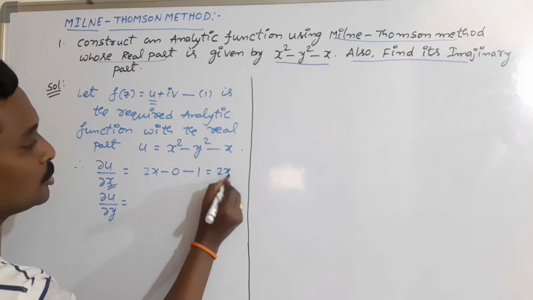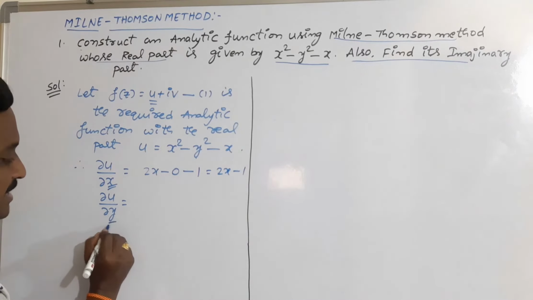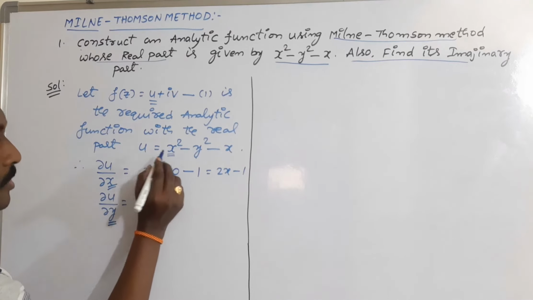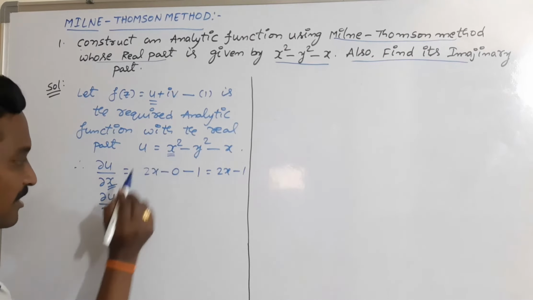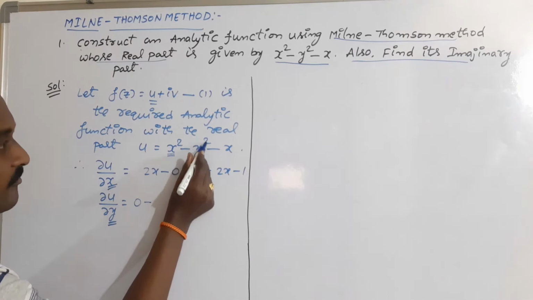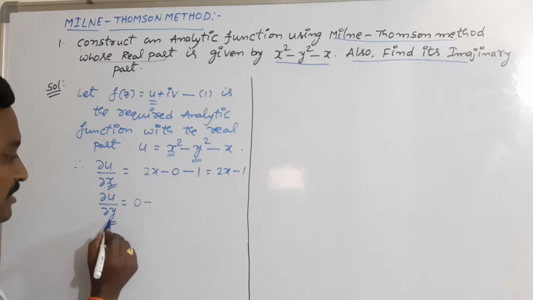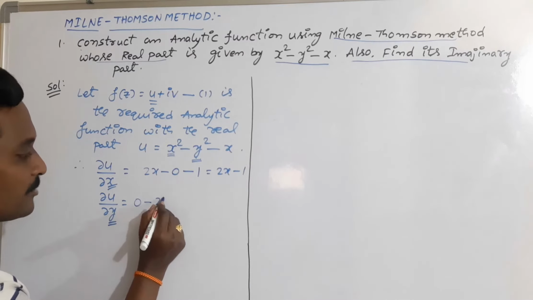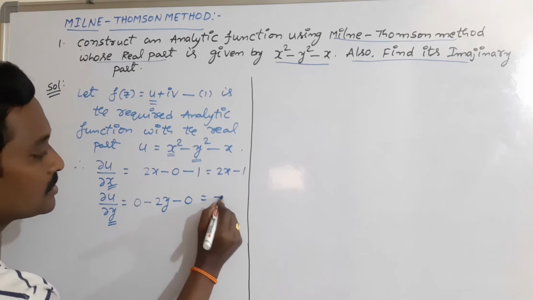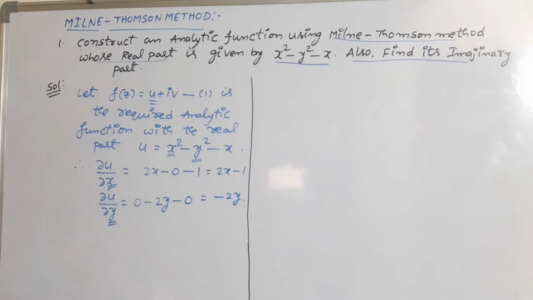So it would be 2x minus 1. Now in this case, except y, remaining are all constant, particularly x is constant. So partial differentiation of x square with respect to y is 0, minus partial differentiation of y square with respect to y is 2y. So it would be minus 2y.